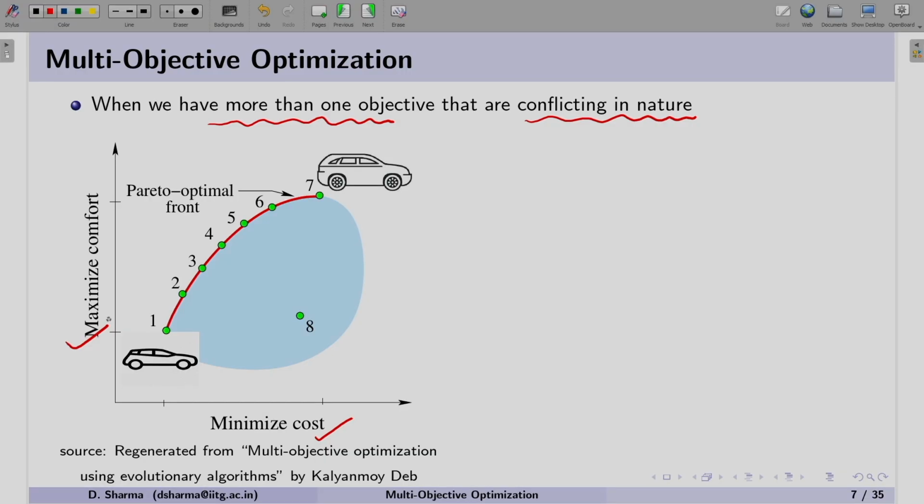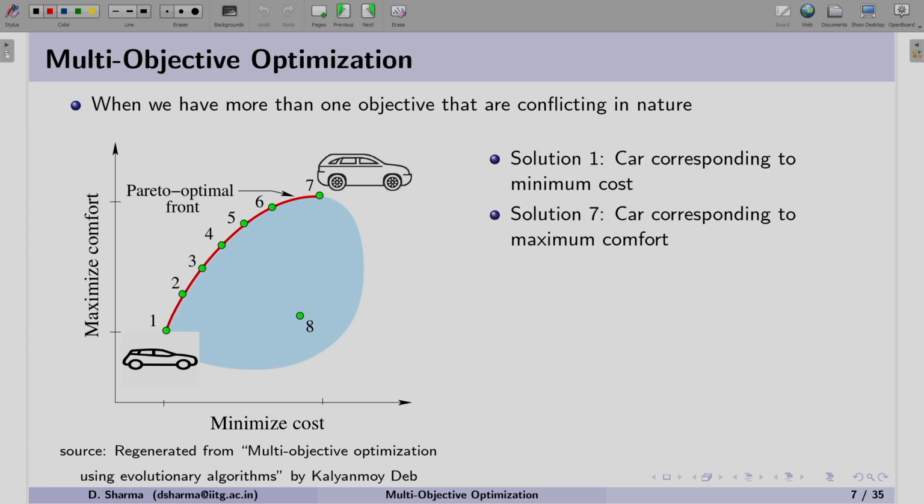Now in this example, you can see that we are showing multiple solutions which are referred to as 1, 2, 3, 4, 5, 6, 7, and there is one more solution. So let us see what this scenario is. If we consider, say, car number 1 and car number 7.